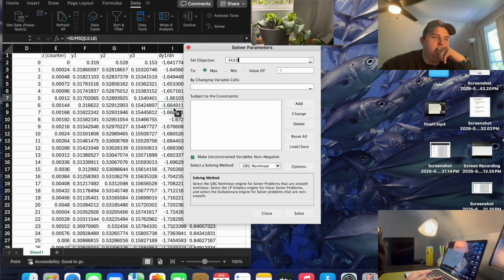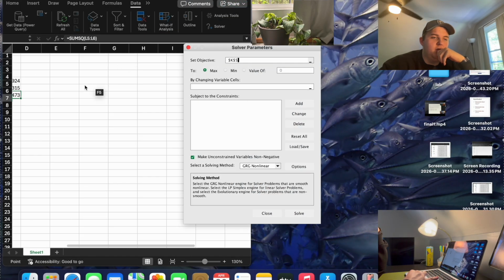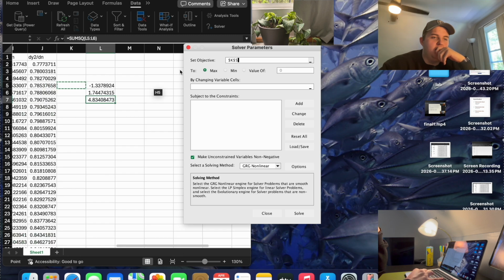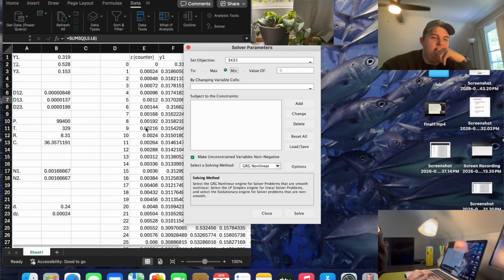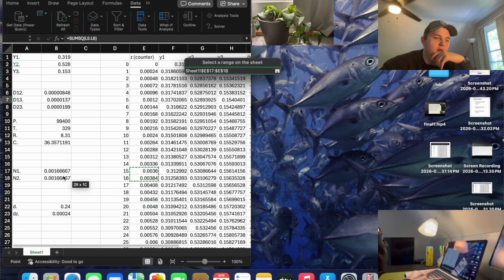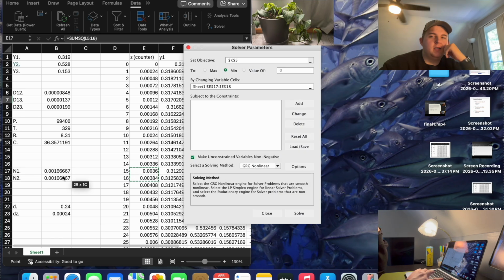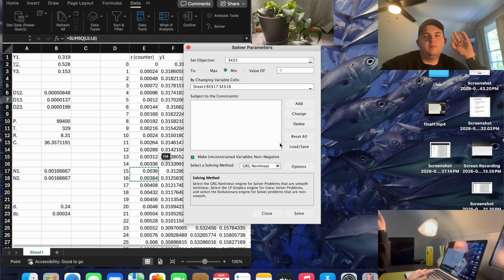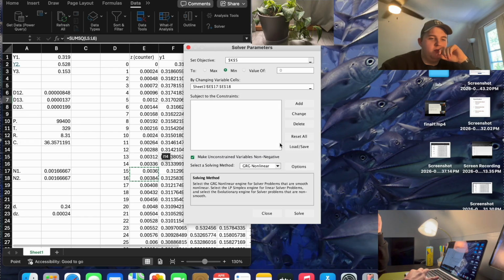So our objective, let's make sure, okay, yeah, it's the right objective, and then we want the min, and then our changing variable cells, which are our guess cells, are these two values right here, which we did in the earlier part of part 1 on the iPad. And we're gonna hit solve.